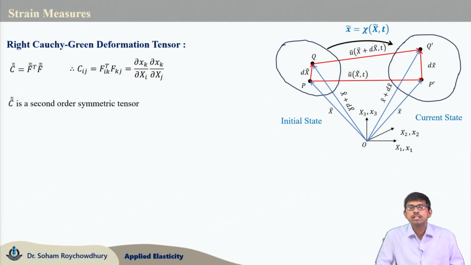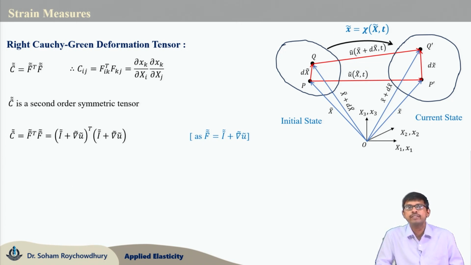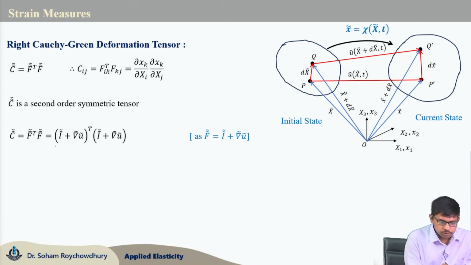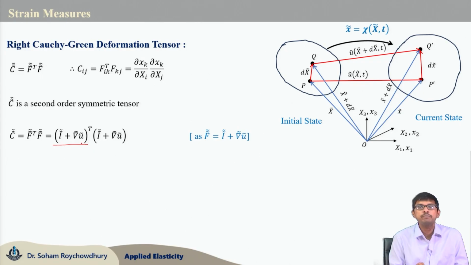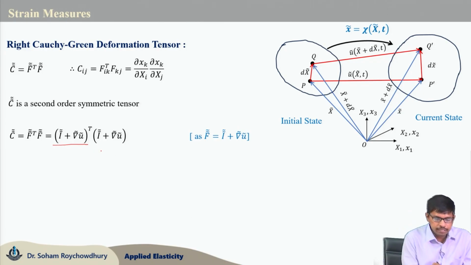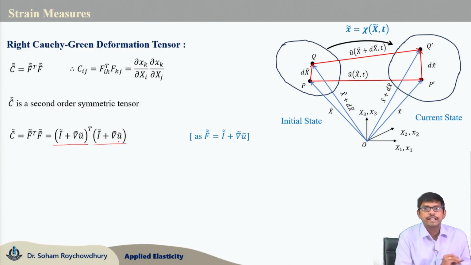Now, if you recall, f was also defined as I plus gradient of u. If we replace that expression of f in the definition of C, C is f transpose f, so the transpose of (I plus grad u) multiplied by (I plus grad u).